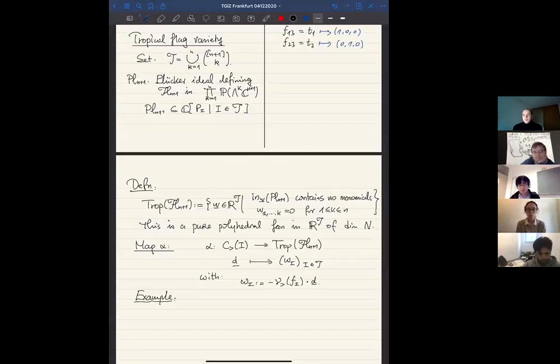And now how do I define my map alpha? My map alpha goes from this cone C larger of I to the tropical flag variety.